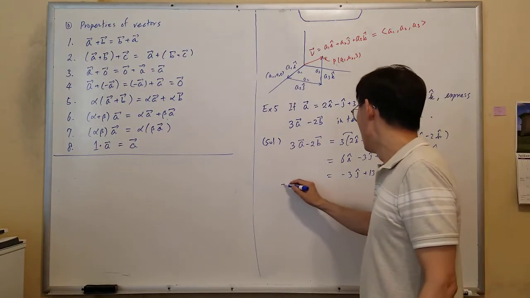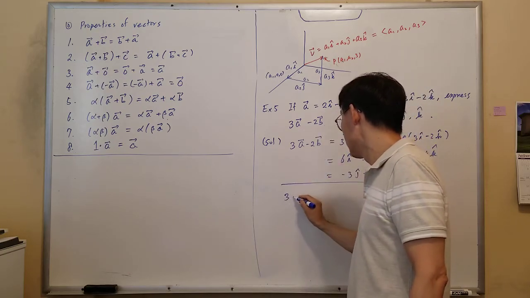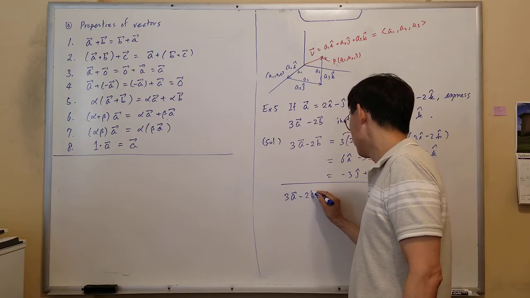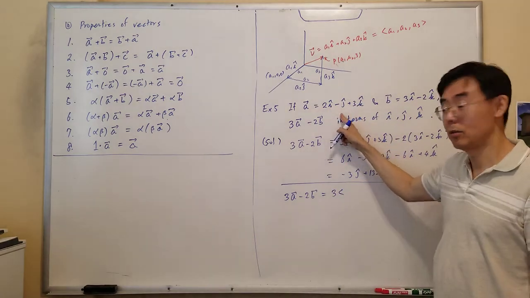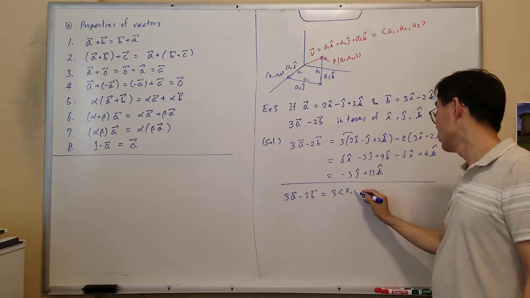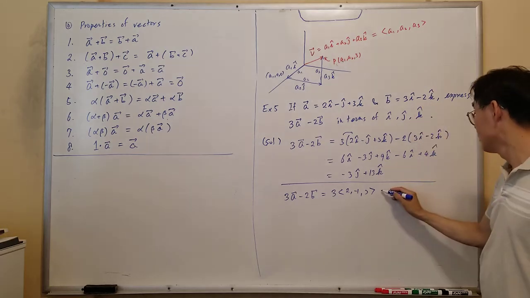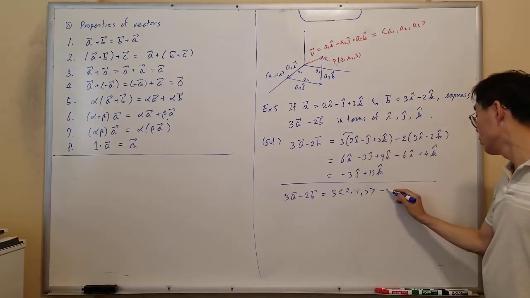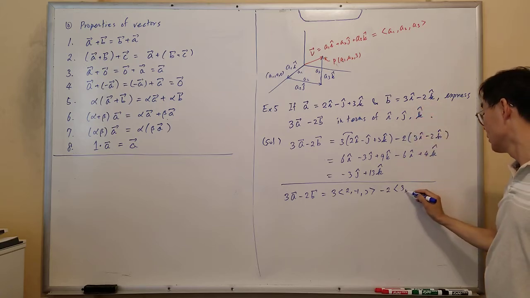Now, you can write this one in component form. What was the component form of this? Just angular repeat: 2, -1, 3. Alright? And then this one, minus 2 times (3, 0, -2), isn't it?